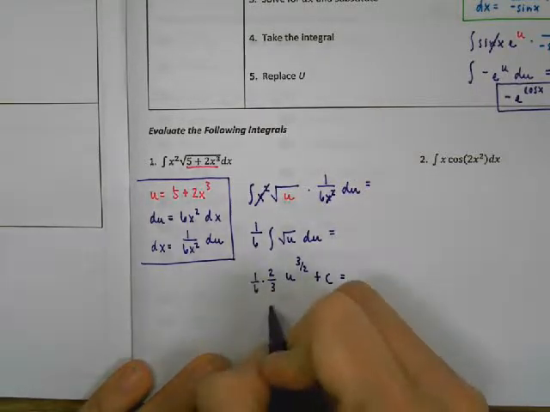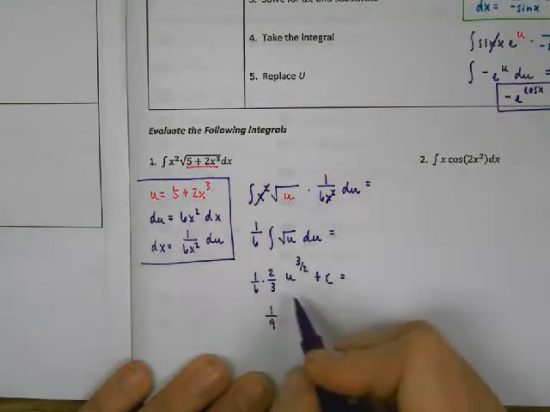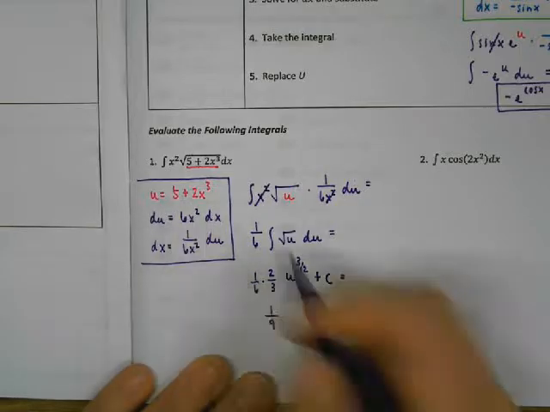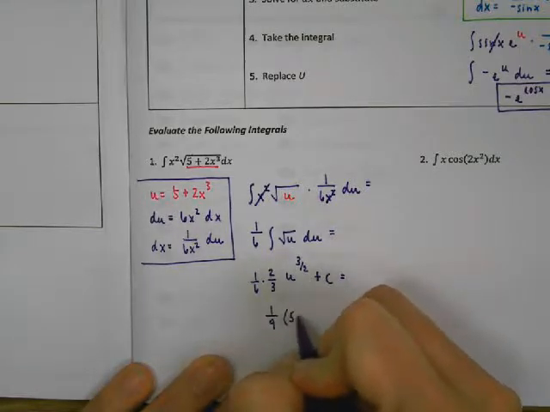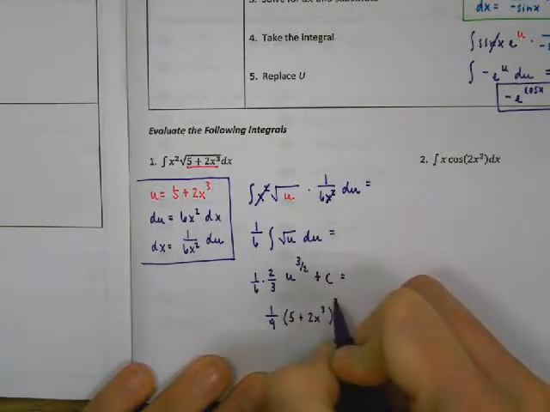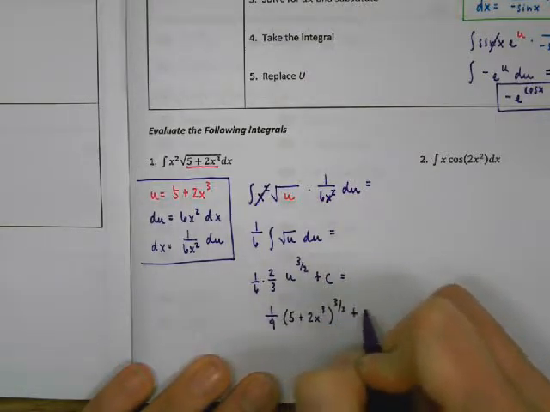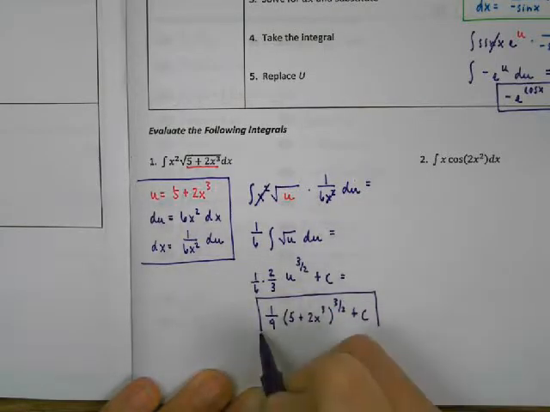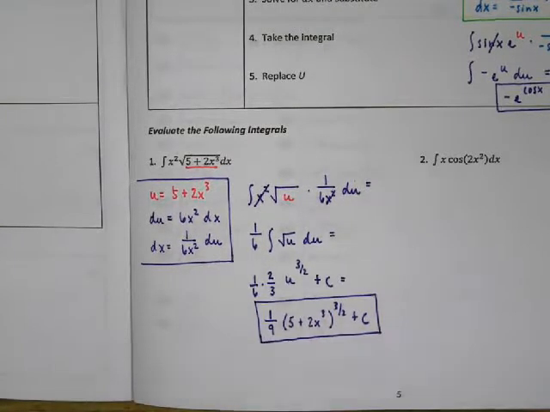I have 2 over 18, which is going to give me 1 over 9. And again, instead of that u, we're going to go ahead and plug our function back in. So 5 plus 2x cubed to the 3/2 plus c. And that's going to be the value of our indefinite integral.